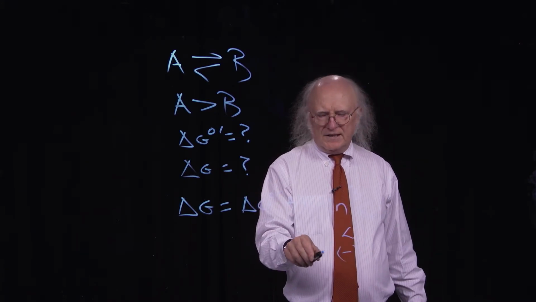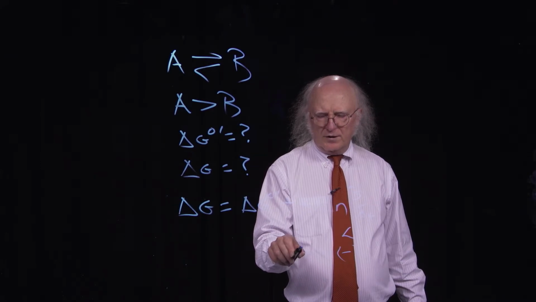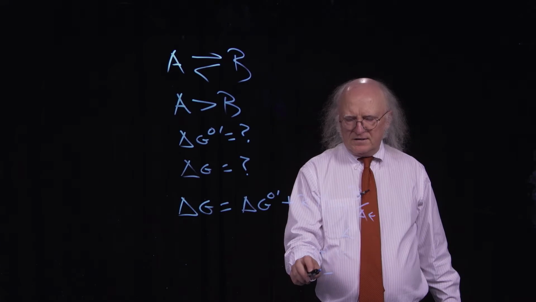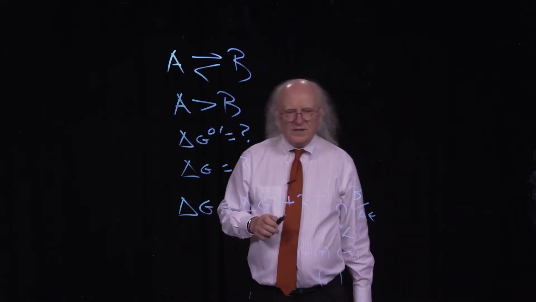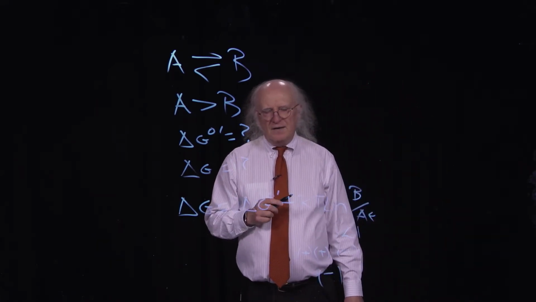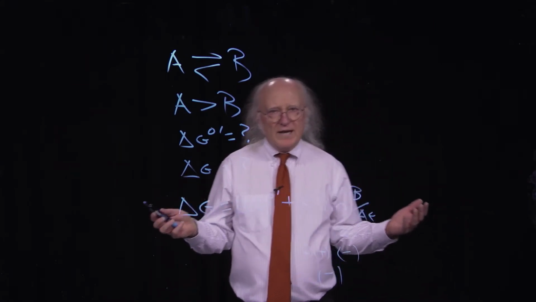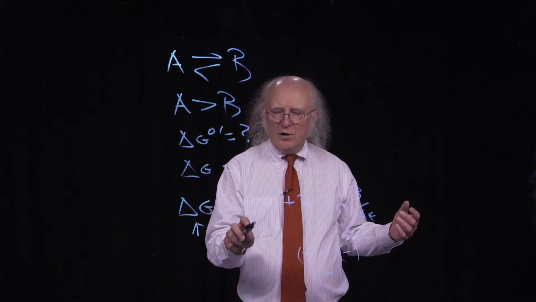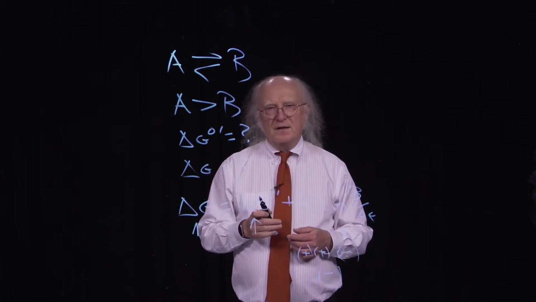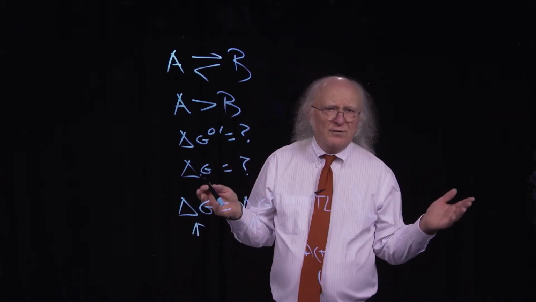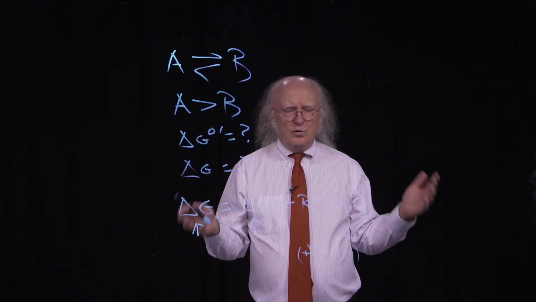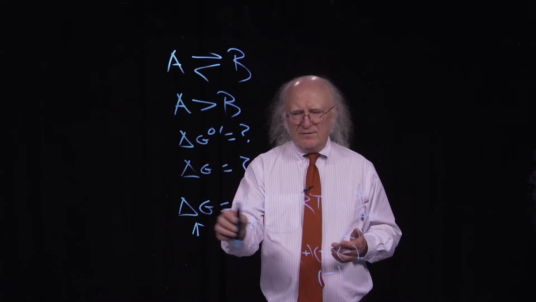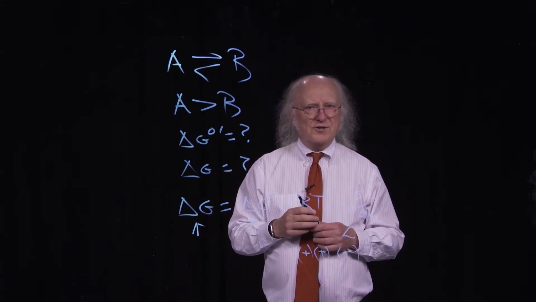We know that the T is positive as it always is. We know the R is positive as it always is. So positives times a negative means that this whole term here is going to be negative. Now it turns out that's the only thing in the equation that we know, because we don't know anything about delta G and we don't know anything about delta G 0 prime. This is actually a trick question I just threw in here for you to understand. You cannot solve any equation in which you have two unknowns and one equation.